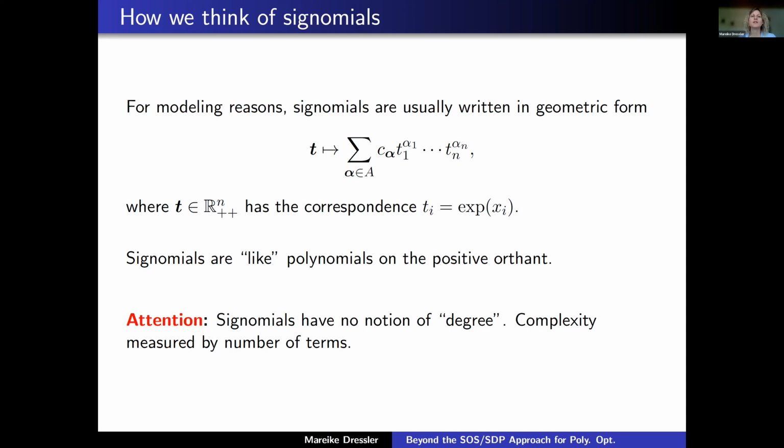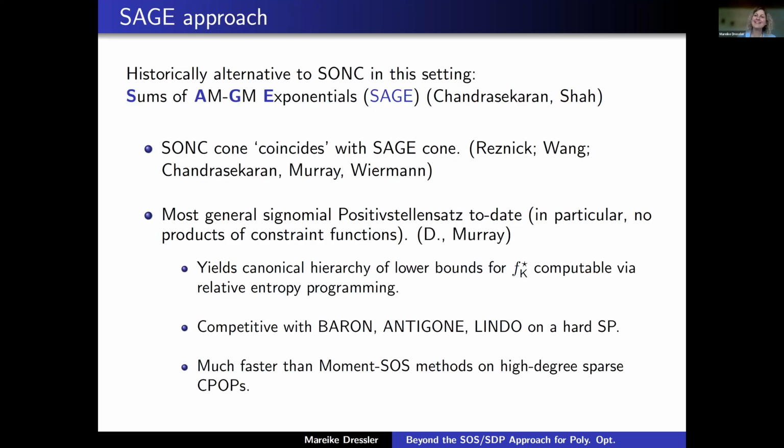Alrighty, so how do we now really extend this SONC idea to the zygnomial setting? I should say that historically, SONCs in this setting are known as SAGE, sums of AM/GM exponentials, because, as is sometimes the case in math or any science and research, some approaches were developed simultaneously, and this also happened here.